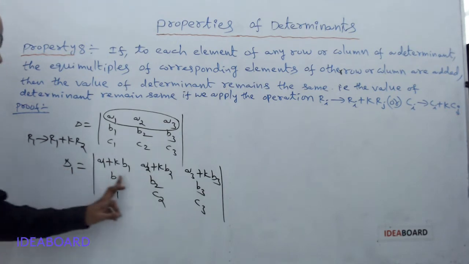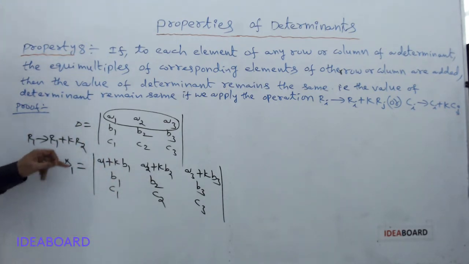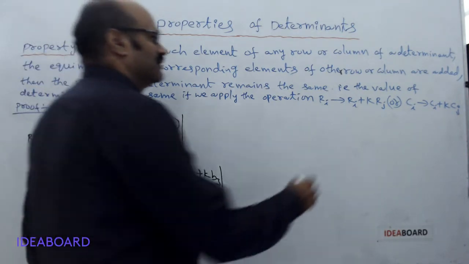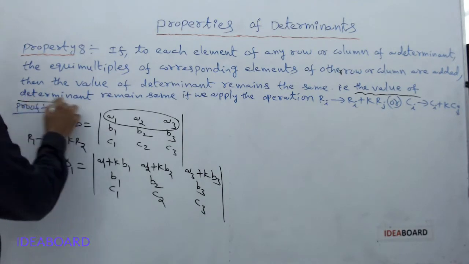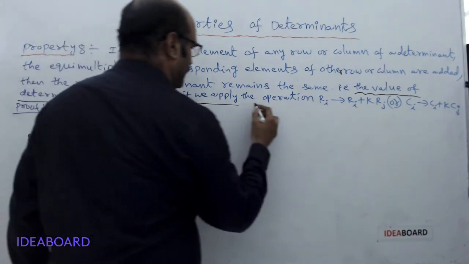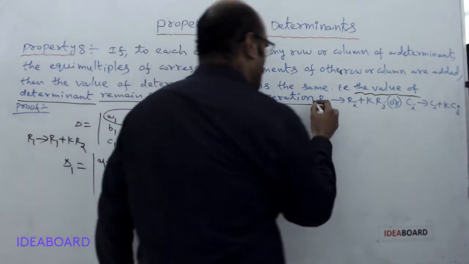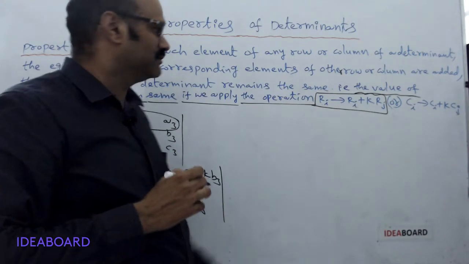Then we get delta 1 equal to this one. We have to prove that delta equal to delta 1. That is what is given here: the value of the determinant remains the same if we apply the operation Ri implies Ri plus K into Rj.